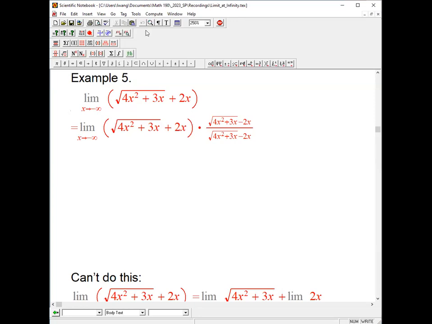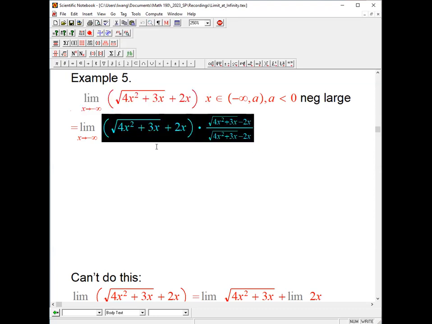X is approaching negative infinity, so x is in the interval from negative infinity to a, and a is a negative, large number. That's the setting we're working with.